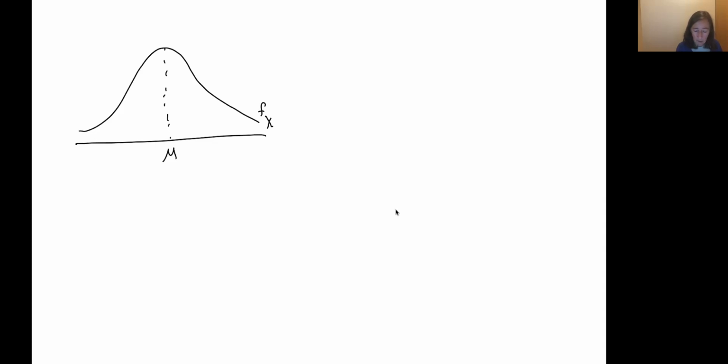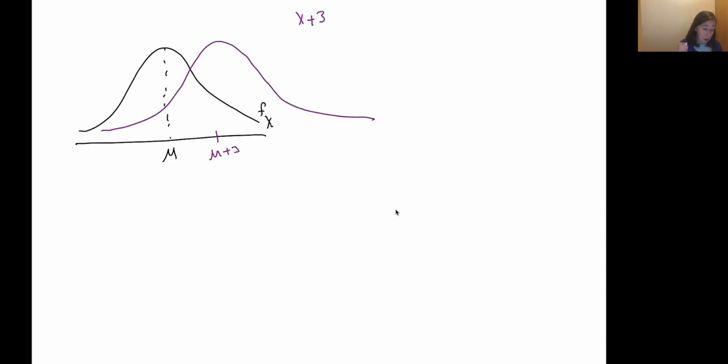And say one of the things I do is add 3 to it. What that is going to do to the PDF for the transformed random variable X plus 3 is just going to move it over so that the new mean will be mu plus 3 here. And the shape here will be the same.